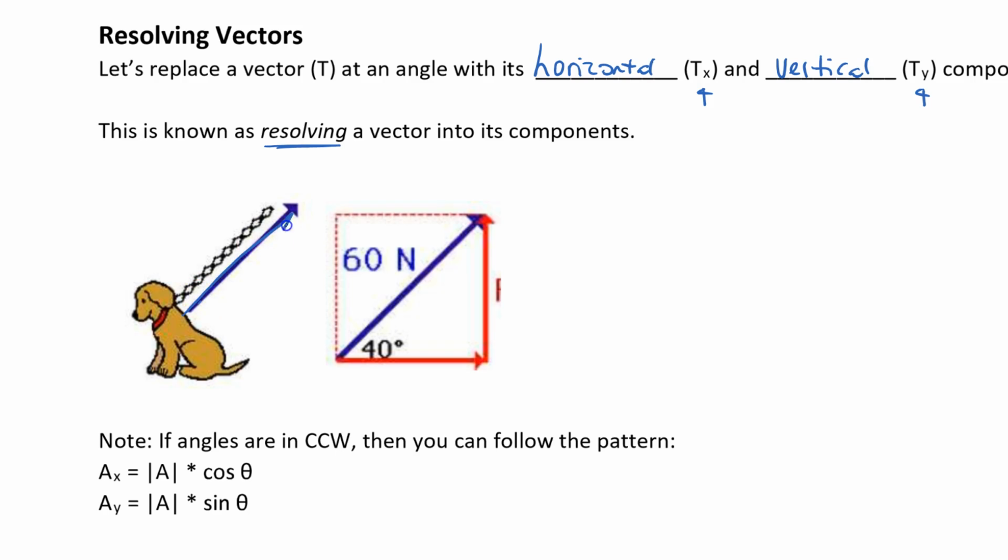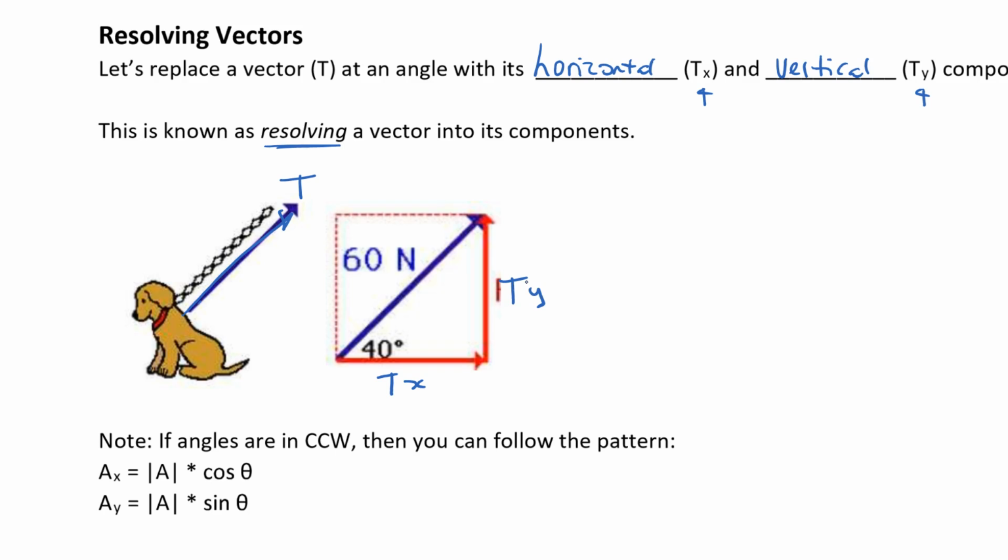So here is the vector, and here would be the x direction and the y direction. If this is a tension force, I'm going to use the letter T because this is what our example is. So I'll say this is Tx and this is Ty.